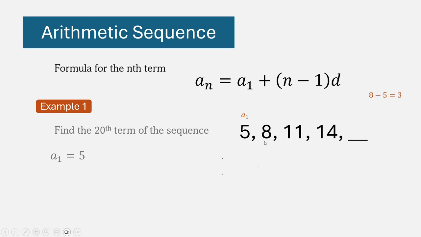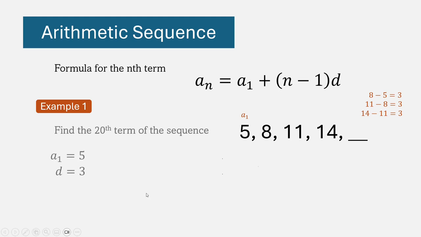If we subtract, 8 minus 5 is 3. With another set of adjacent numbers, 11 minus 8 is 3, and 14 minus 11 is also 3. So this makes us conclude that the common difference is 3.